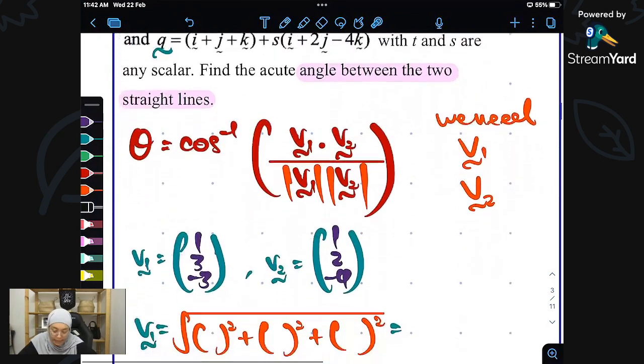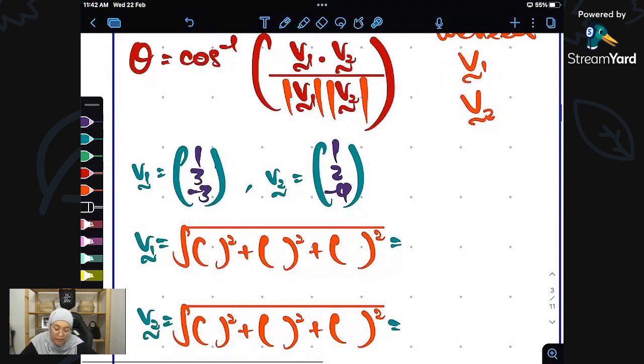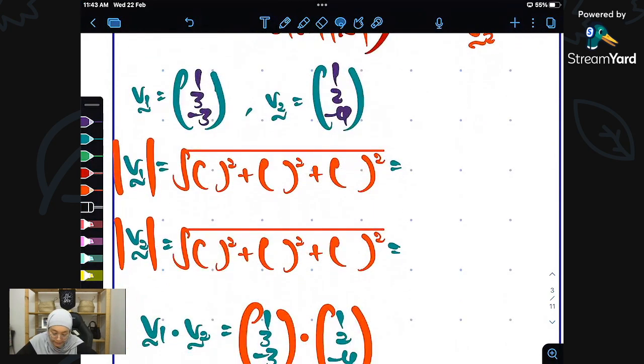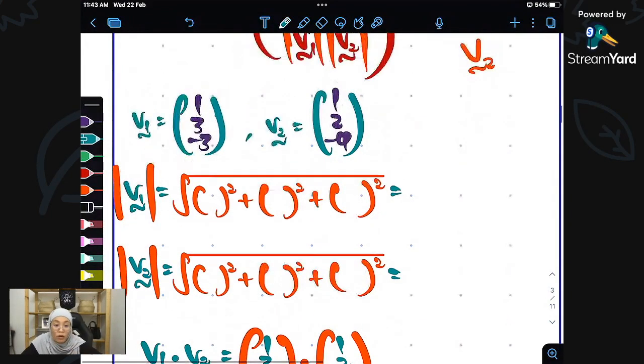All we need is their magnitudes, so that we can substitute the magnitudes into the formula later. So we need the magnitude of V1 and V2.